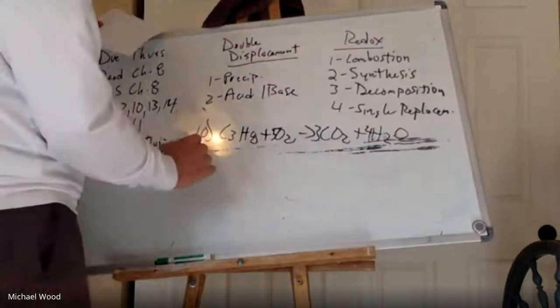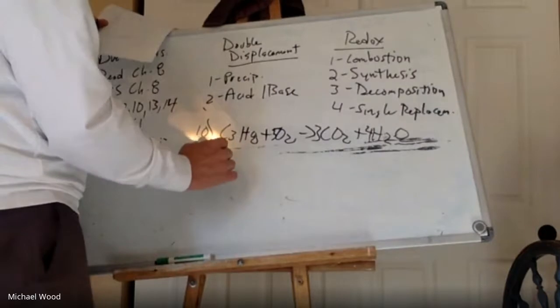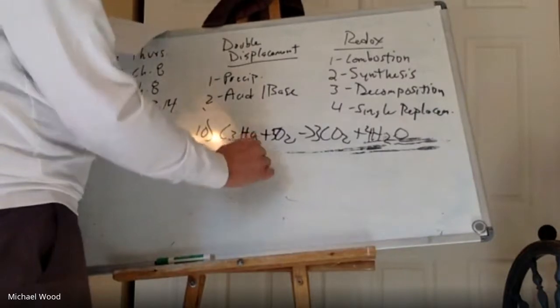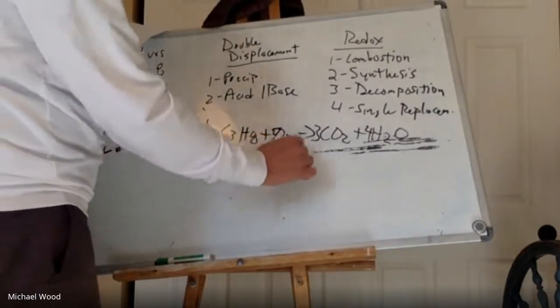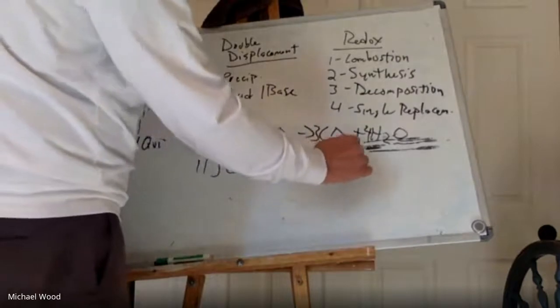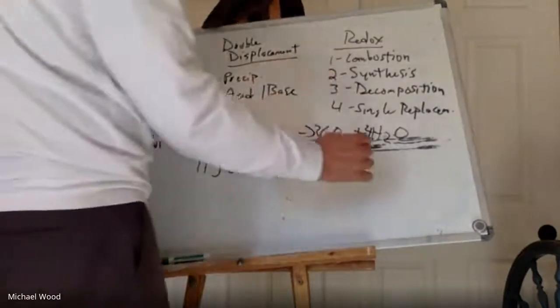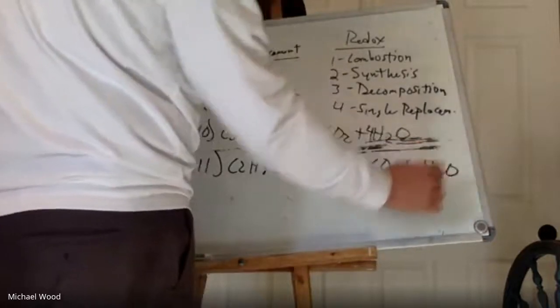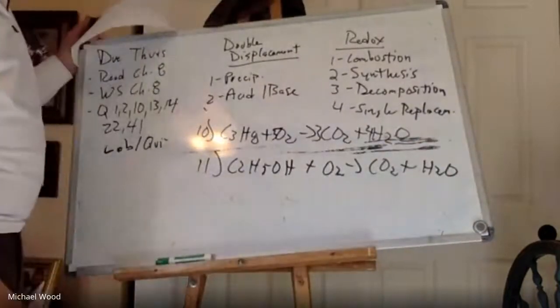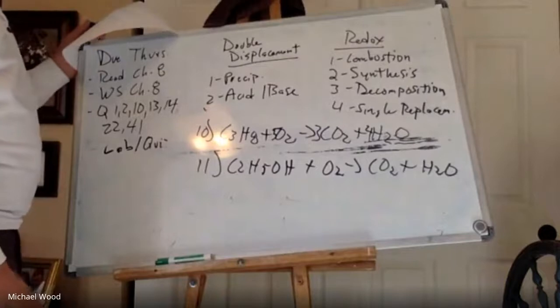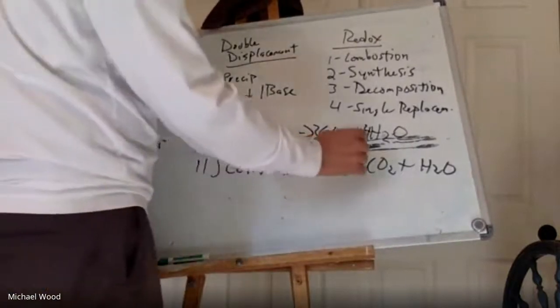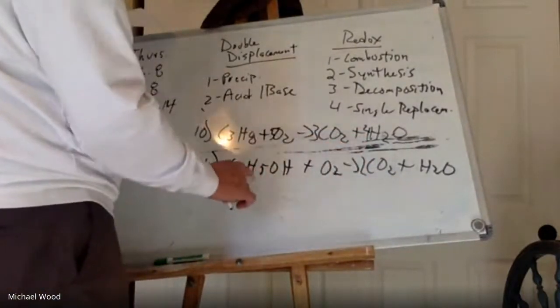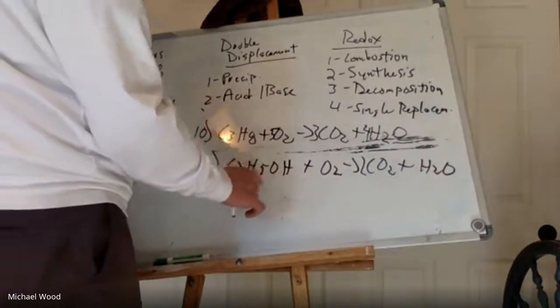Okay, let me do one more, number 11. So I have C2H5OH plus O2. And again, because it's combustion, I know that I get off CO2 and water. Which to me, again, is so much easier than what we were doing back before Christmas. Now balance, so 2 carbons, so 2 there. 5 plus 1, so 6 hydrogens here.